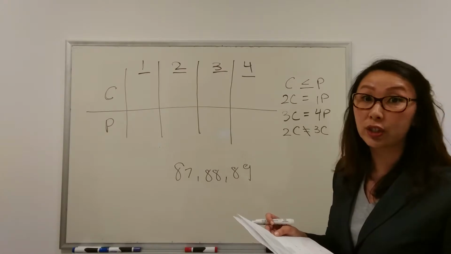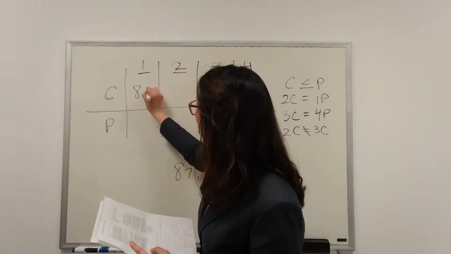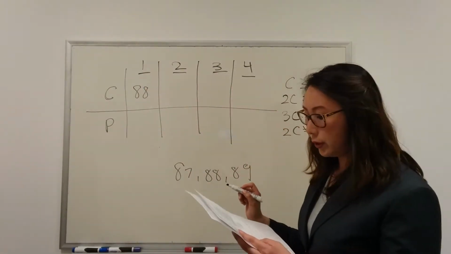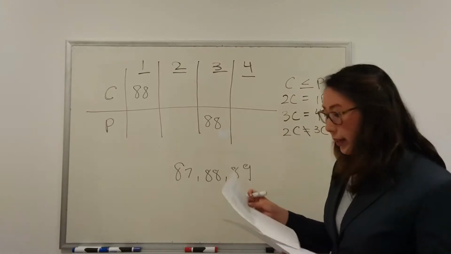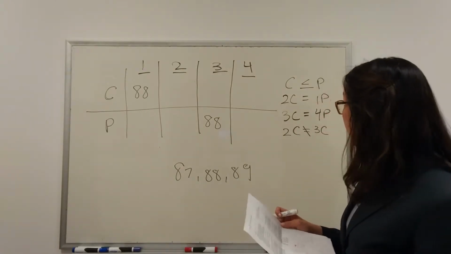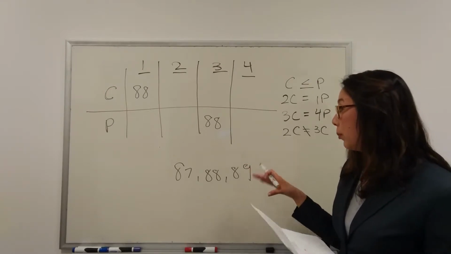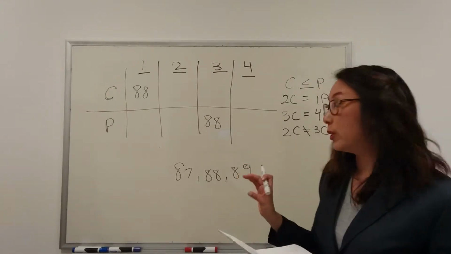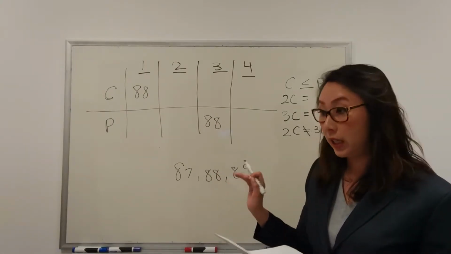So now we can start to fill in the grid. We have the computer in Office 1, 88, the printer in Office 3, 88. Now this isn't the end of it. We can continue based on these rules. We can actually fill in a little bit more. We'll at least be able to narrow down each of the grid boxes to know what is not possible in these boxes.